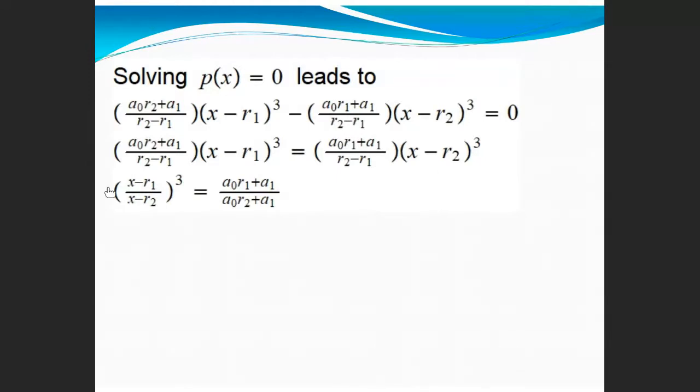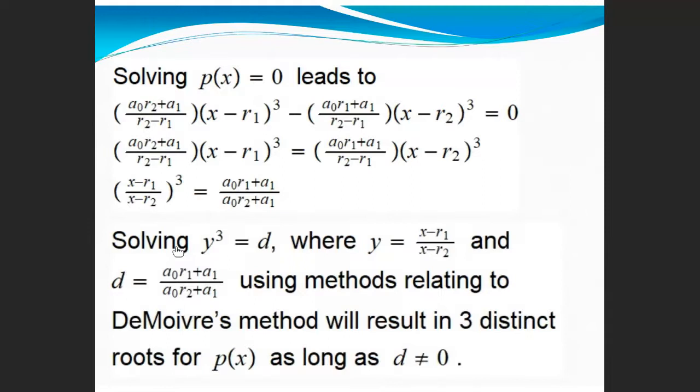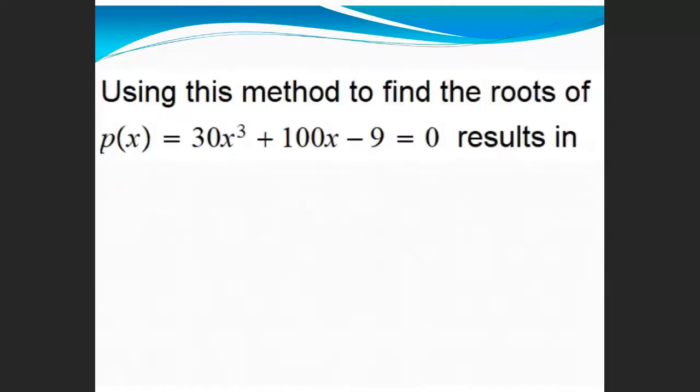We can gather the x expressions over here. And then if we let y be the x expressions and d be this, d in this case is non-zero, so we'll get three complex roots for y. And then when we convert back to x, this is a one-to-one function, so we'll get three distinct roots for x also.